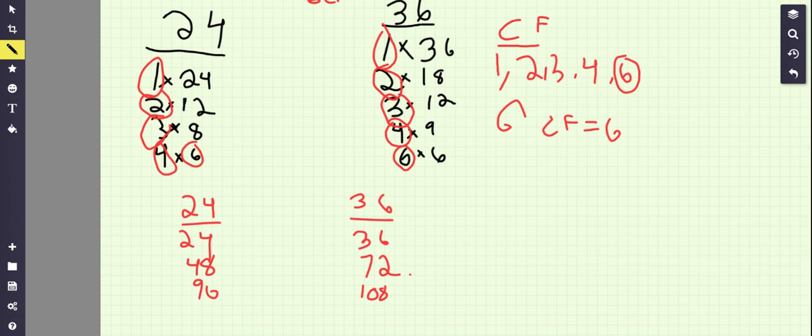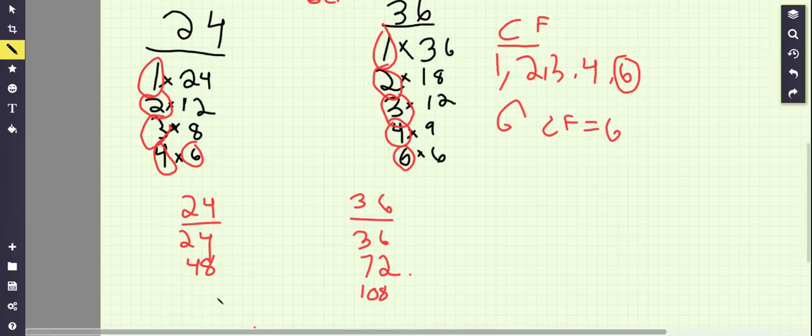There's a calculator here. 24 times 4 is 96. 24 times 3 is 72, I forgot that. So 72, then 96.